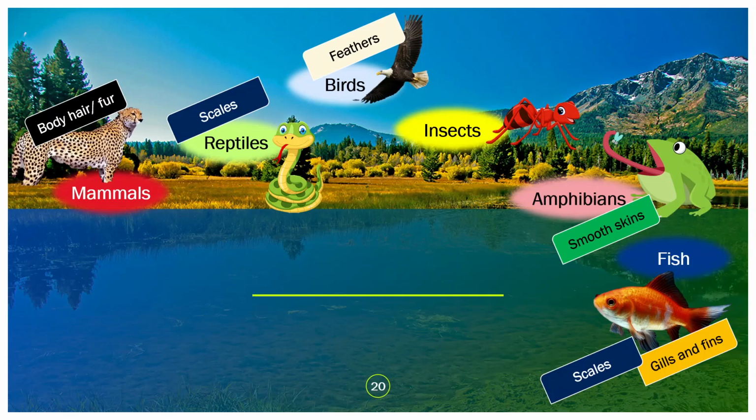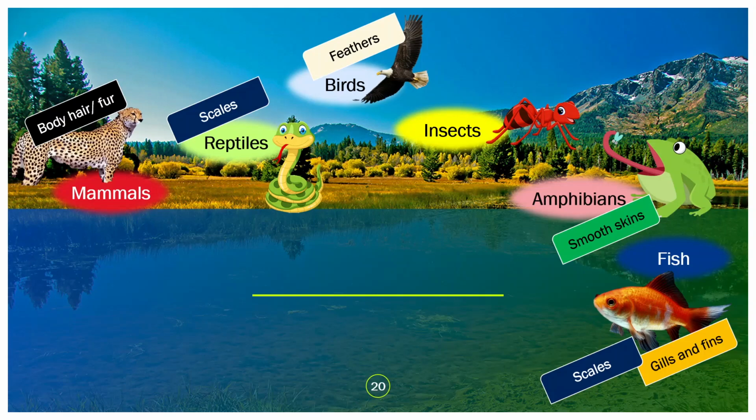And reptiles, like the cute snake here we have, they have scales all over their body. And birds have feathers, and for the insects, let's keep that for the last part.